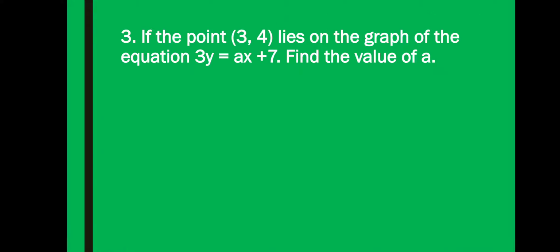Now question number 3 is, if the point (3, 4) lies on the graph of the equation 3y is equal to ax plus 7. So this is the equation, and we are given that (3, 4) is a point which lies on the graph of this equation.